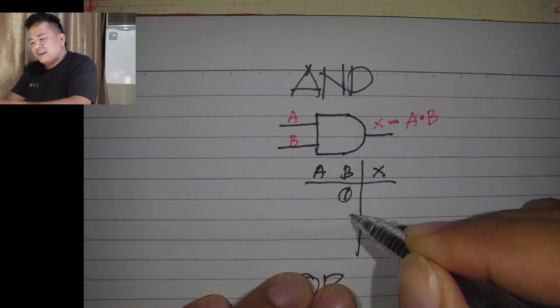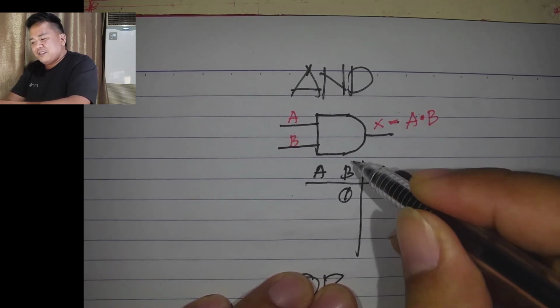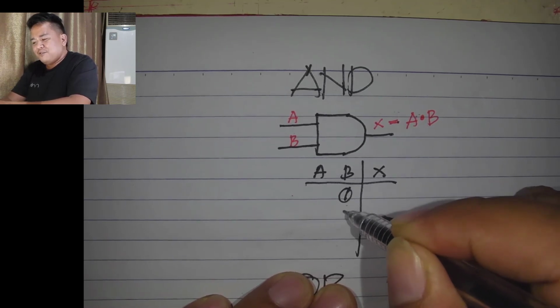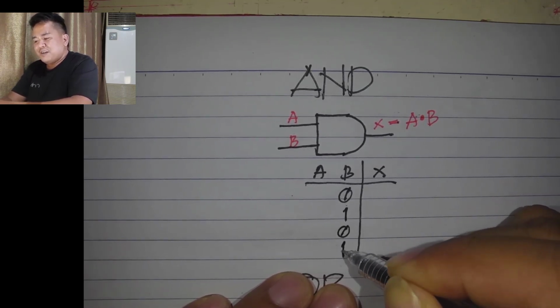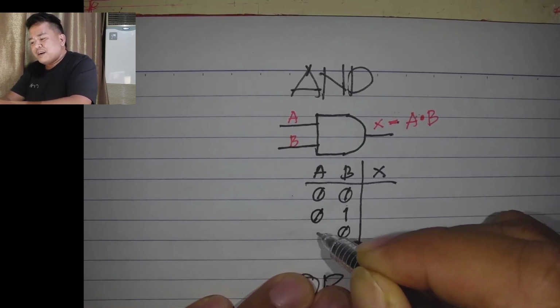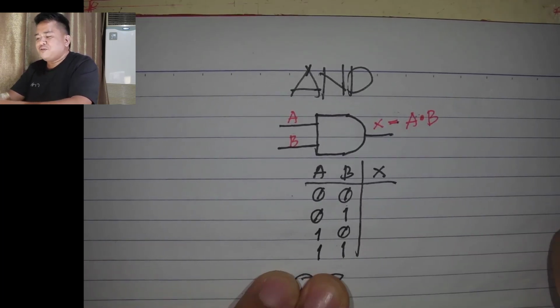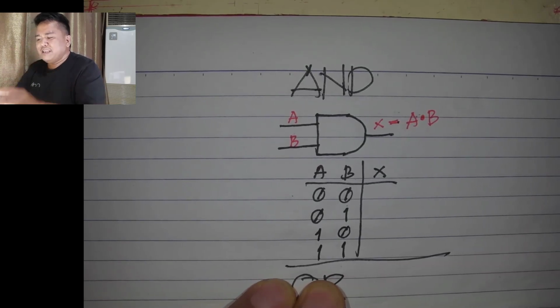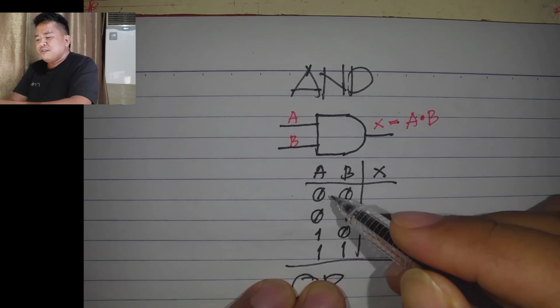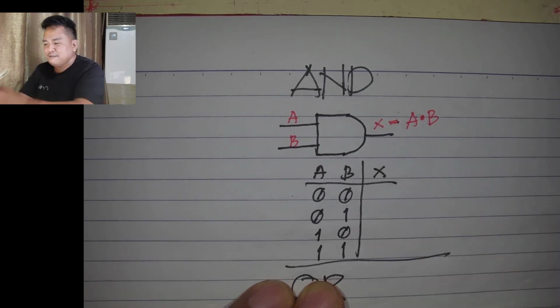Ito yung technique, no? Dito sa column, alternating lang: 0, 1, 0, 1. Dito naman by 2, dalawang 0, dalawang 1. Yun yung technique para mabilis mong ma-enumerate yung possible input combination natin.